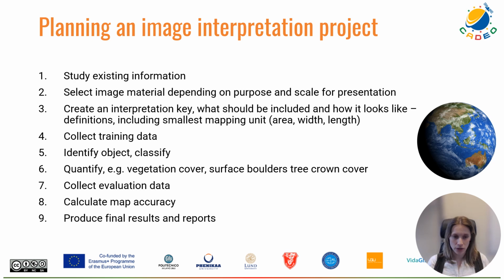What are the areas to go to? Make sure you have a sufficient amount of areas you visit. Collect these data and then use them to calculate map accuracy by comparing the data from the field, the ground truth data, with the map results you have from your mapping. And then you produce your final results and report.